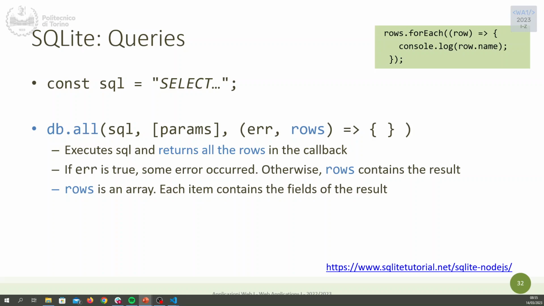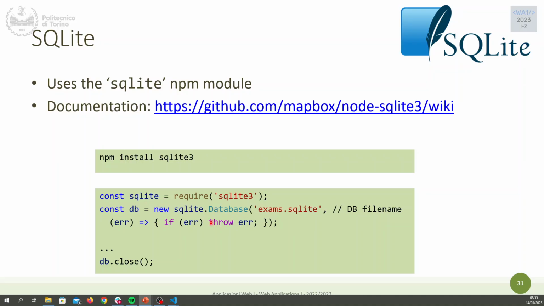Okay, so I don't want to waste your time discussing SQL queries, especially if you know them, but just a couple of words on the methods that the module gives to you. Remember, db is the name that we give to the instance of the SQLite database.